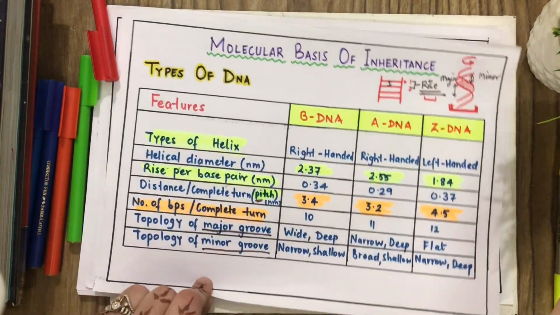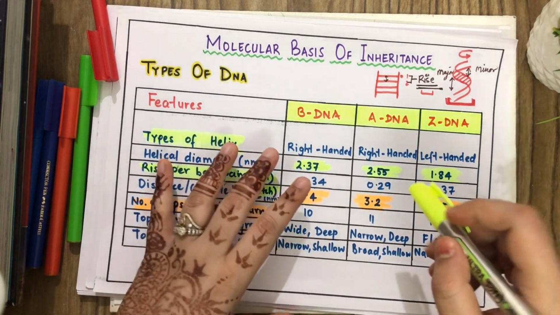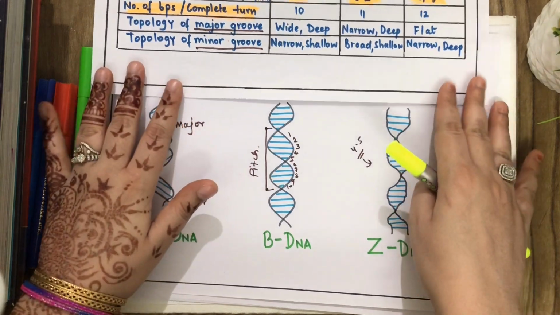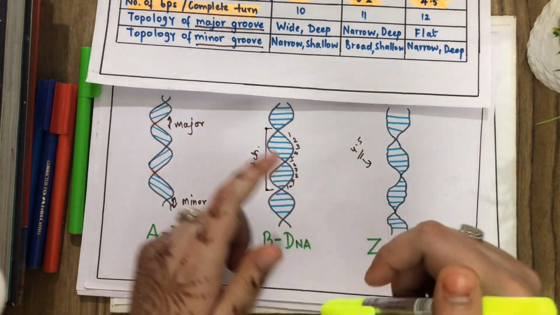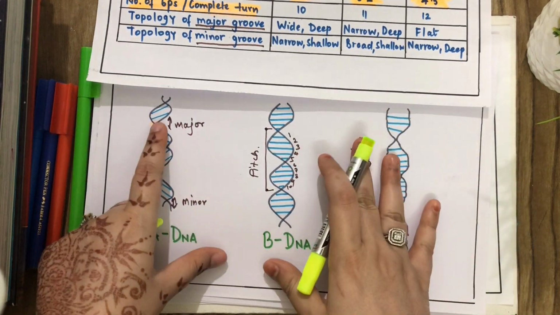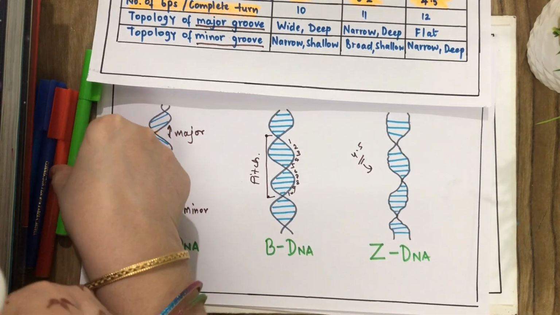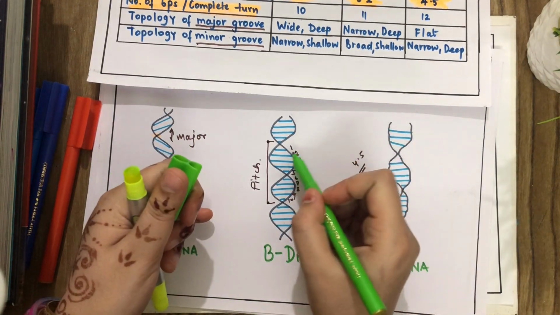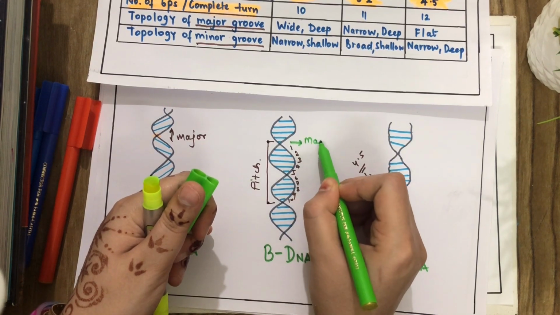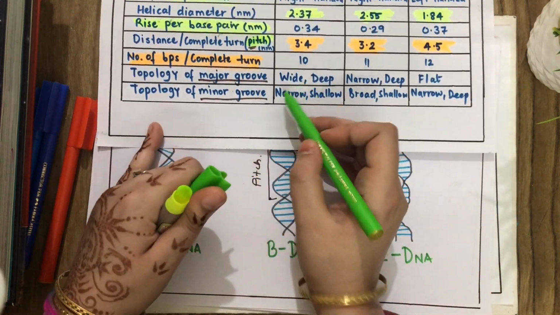Fine. So major grooves in B DNA will be wide and deep. Let's look at it in the image. In B DNA the major grooves are wide and deep. Here you can see this point, this one, is the major groove for B DNA, and it is wide and deep.